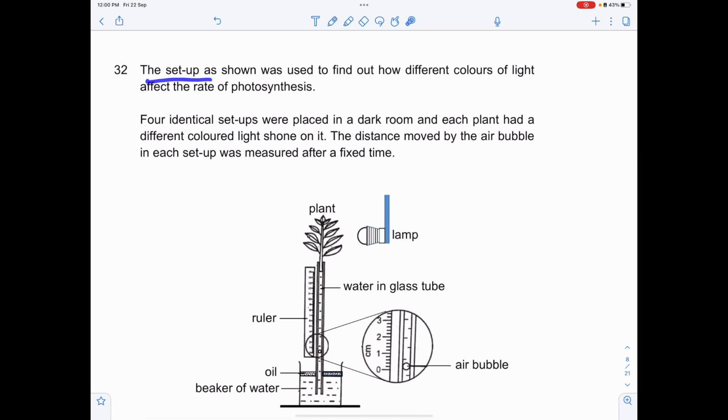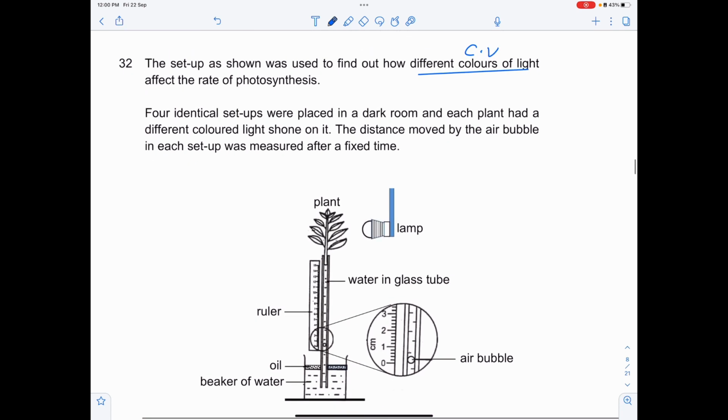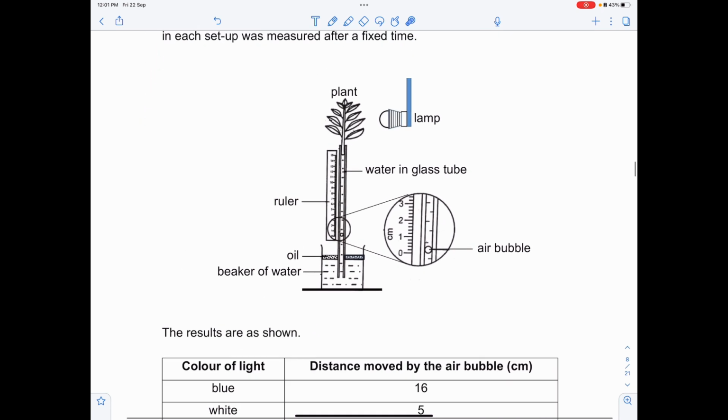The setup shown below was used to find out how different colors of light, okay, so this is actually your change variable, affect the rate of photosynthesis. Alright? Now, 4 identical setups were placed in a dark room and each plant had a different color light shone on it. The distance moved by the air bubble in each setup was measured after a fixed time. So when you take a look at it, okay, what is over here? Here is actually water.